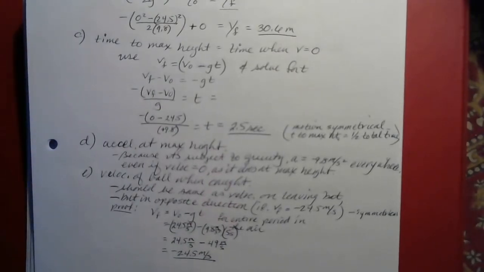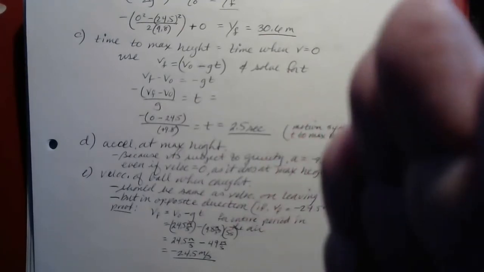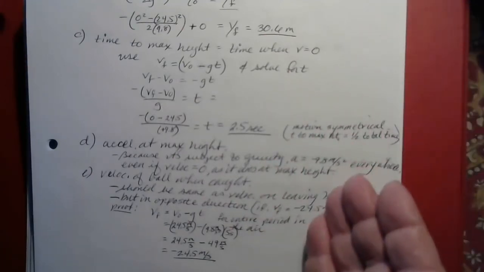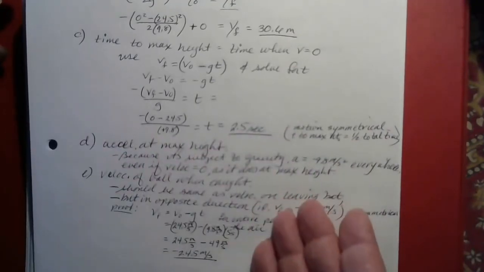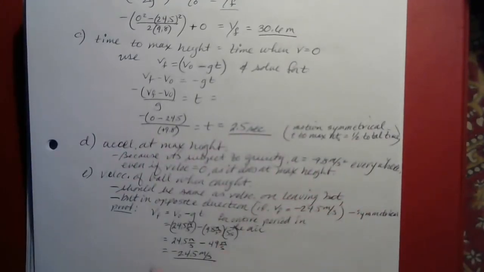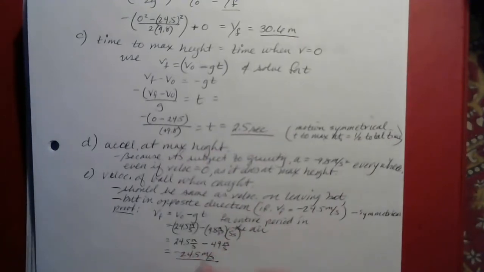And projectile motion is symmetrical, meaning, for one thing, that it should take an equal amount of time for the ball to reach its maximum height as it takes to come back down again. So in other words, if the total time up and down is 5 seconds, half of that time should be spent rising, and the other half should be spent falling. So the time to reach the maximum height should be 2.5 seconds.